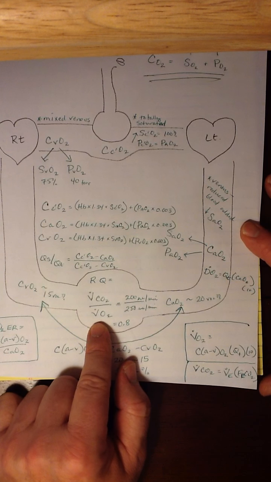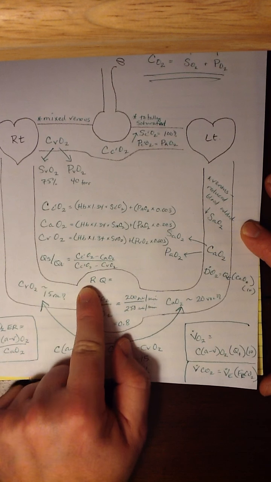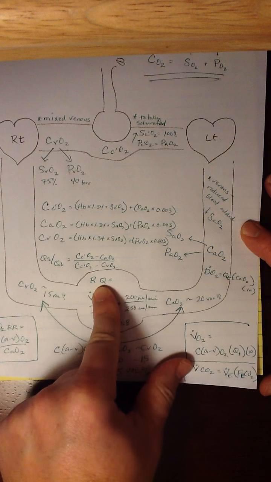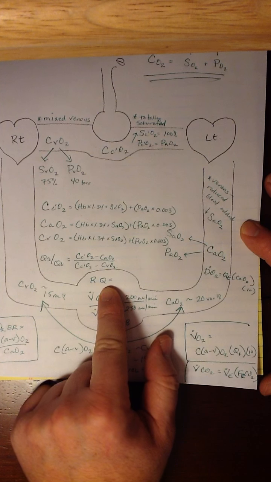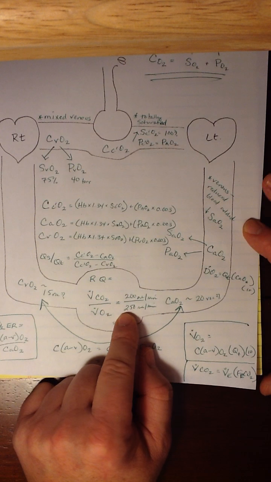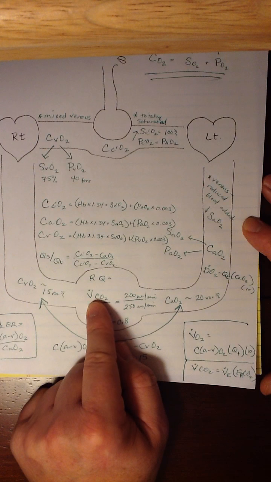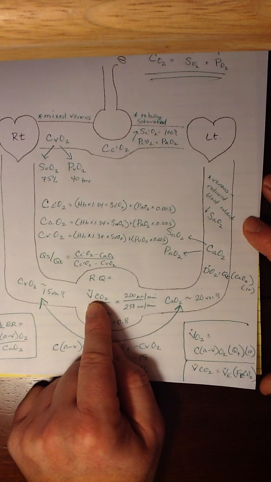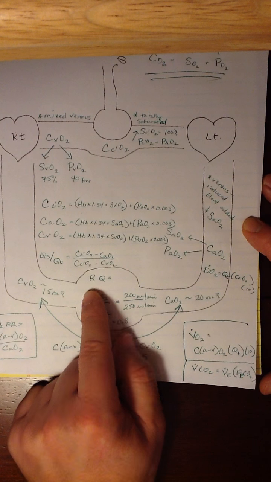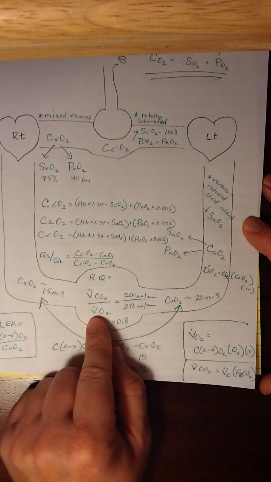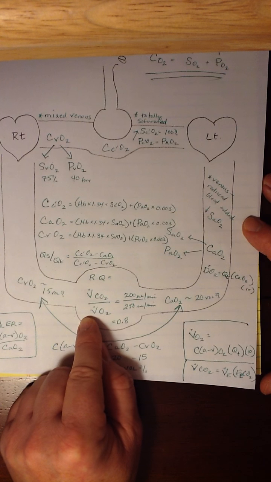Here at the site of the tissues, we can determine respiratory quotient, which should be the same as the R factor that we used in the PAO2 equation. Your respiratory quotient is the amount of carbon dioxide that is produced in the tissue bed here in the systemic capillaries divided by the amount of oxygen that's consumed.